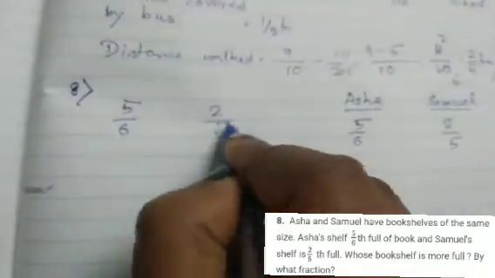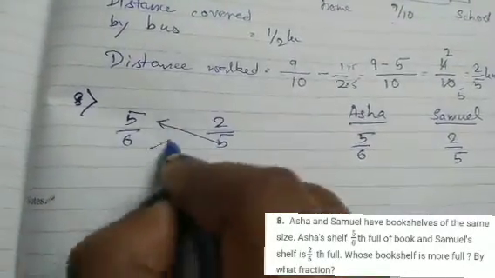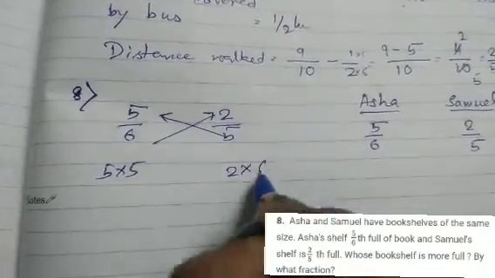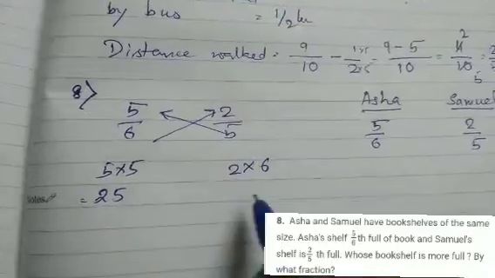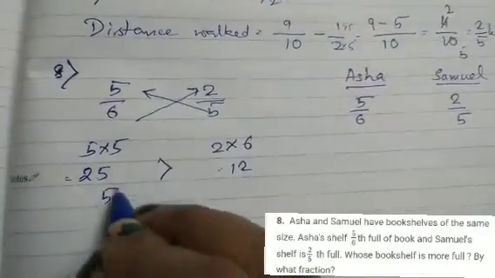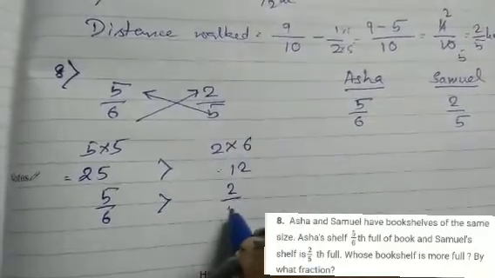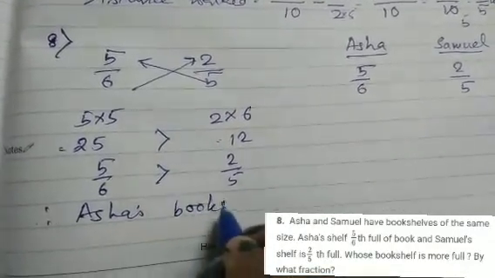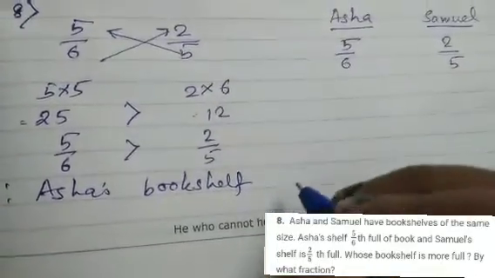I told you two methods. One is cross multiply. So 5 into 5 and 2 into 6. So this is 25 and this is 12. Which is greater? 25 is greater. So 5 by 6 is greater than 2 by 5. Therefore, Asha's bookshelf is more full.